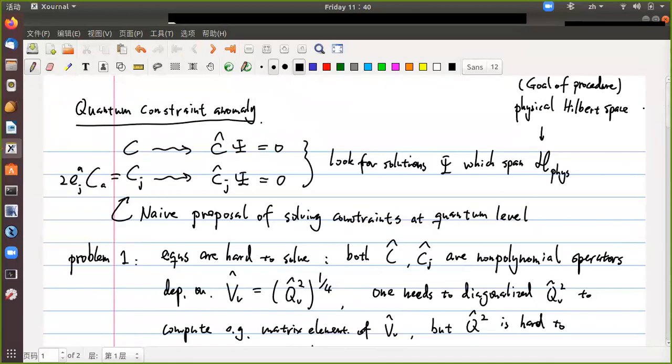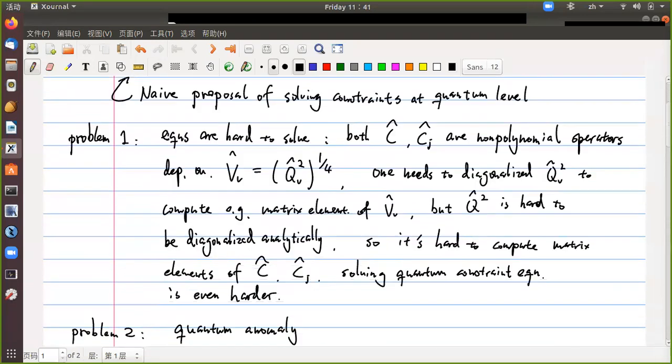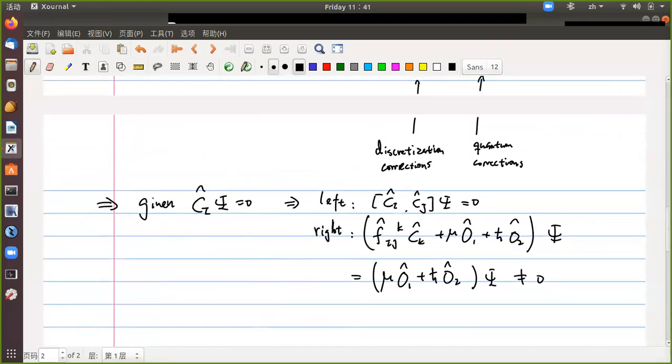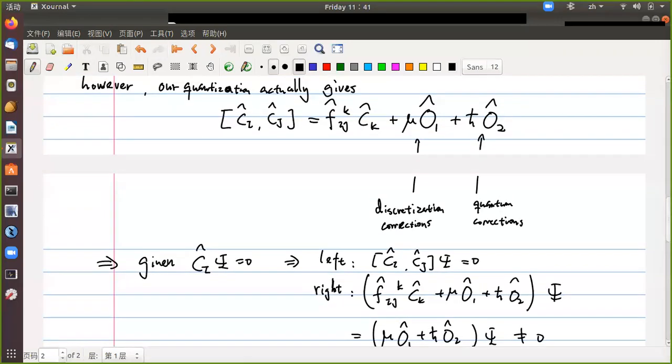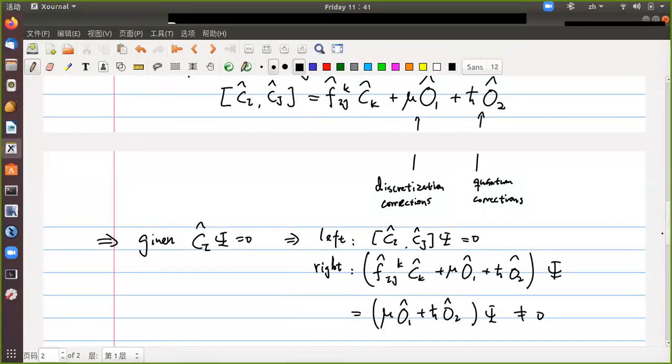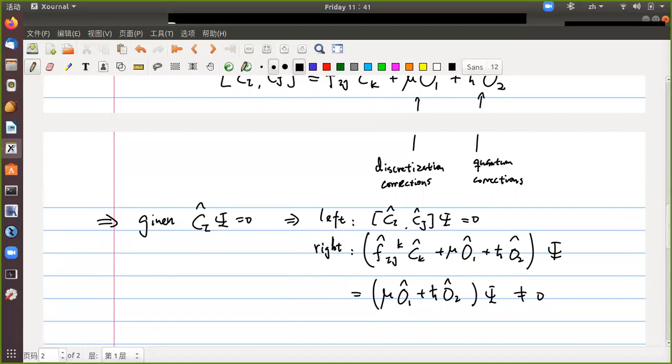Let's look at our earlier naive proposal: we look at solutions of the constraints, and those solutions span the Hilbert space, which will be our goal. But now, when we look at the constraint algebra, we find inconsistent results. When we compute the commutator of constraints, it equals 0, but the right-hand side is not equal to 0.